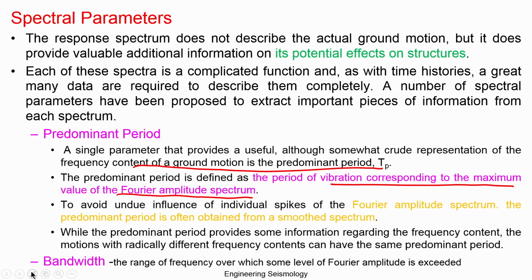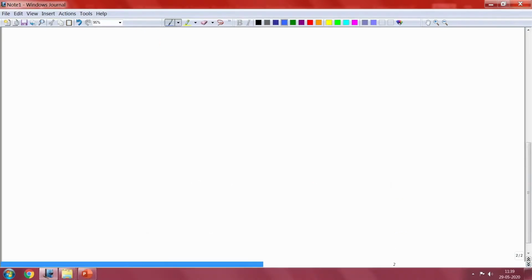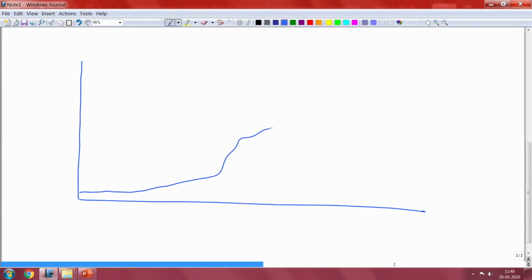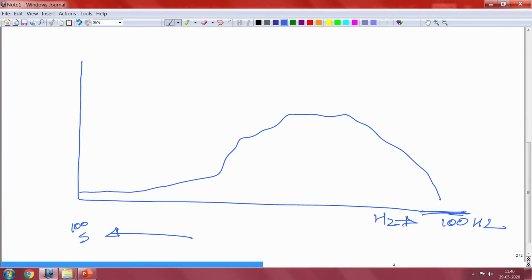What should you do to get it? You basically get a Fourier spectrum, which we have seen varies like this, like this. This axis is the frequency in hertz, and this will be the period.